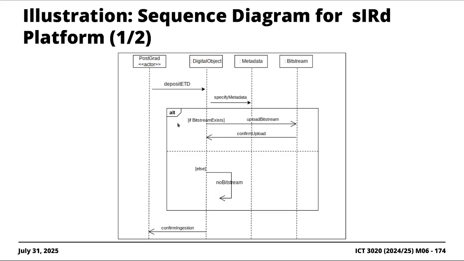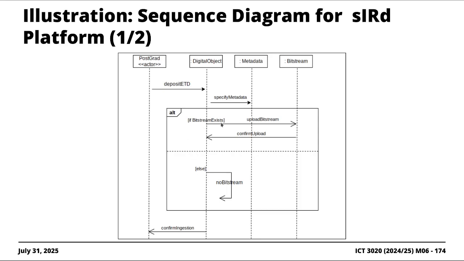In other words, what this is showing us is that when we're depositing an ETD object, we'll have to specify metadata. And then, once we specify the metadata, if a PDF document or Word document exists, there are two alternatives here.